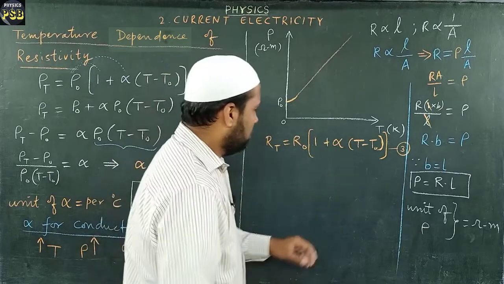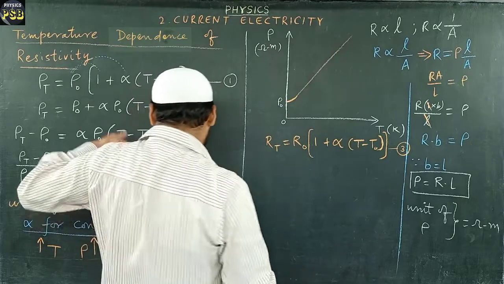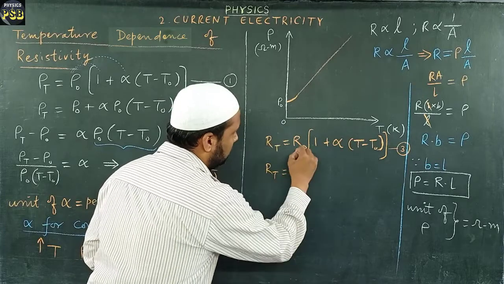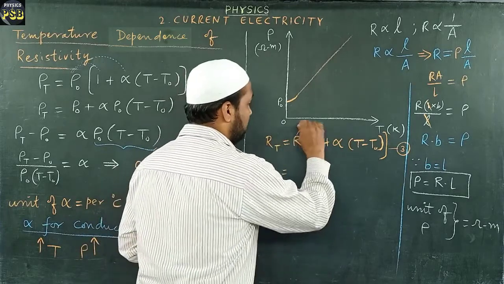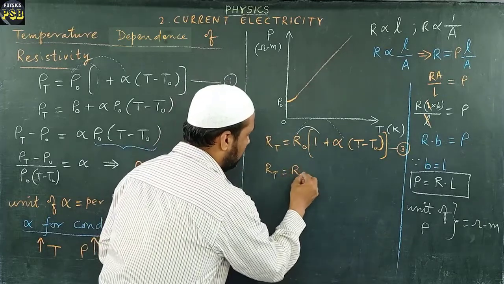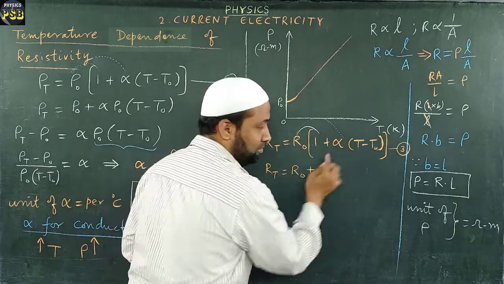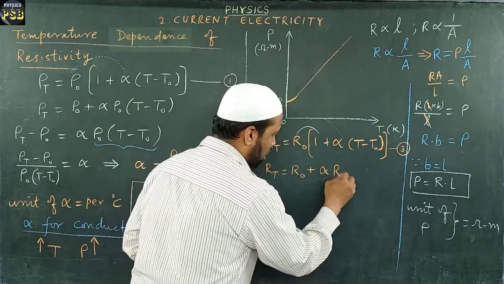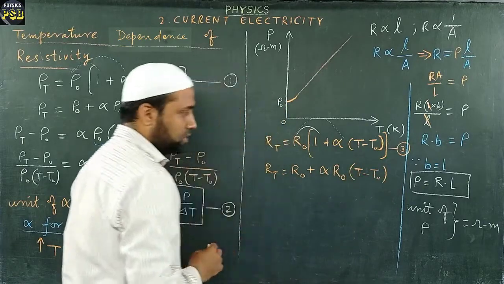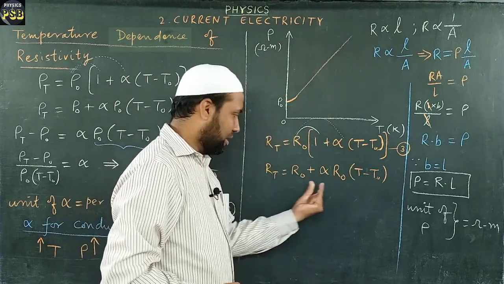So in this way, the expression for alpha can be obtained by following the same method. In RT, I multiply R naught with each term. R naught multiplied with 1, then R naught with this term, so I get alpha into R naught into T minus T naught. My aim is to get the expression for alpha, so I keep alpha here. Remaining terms are taken this side.